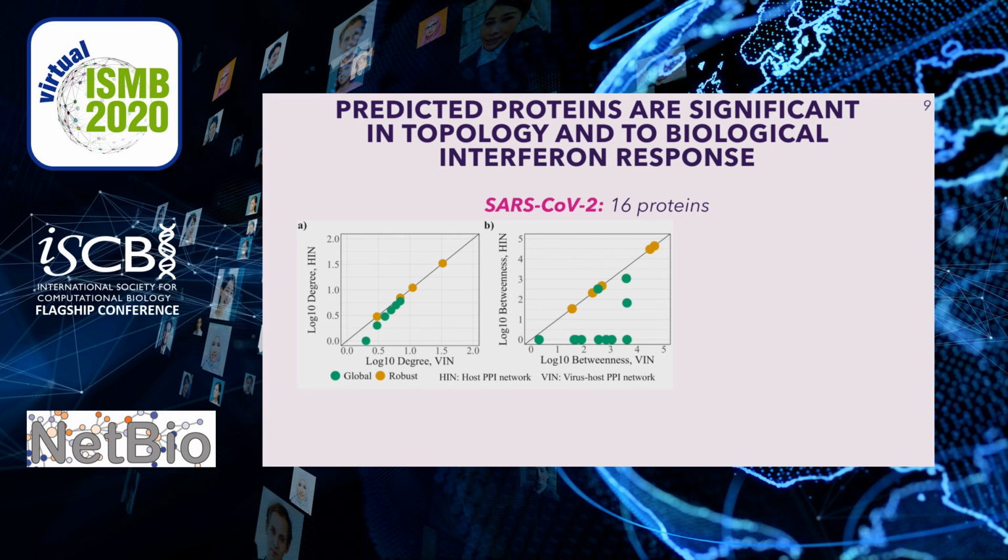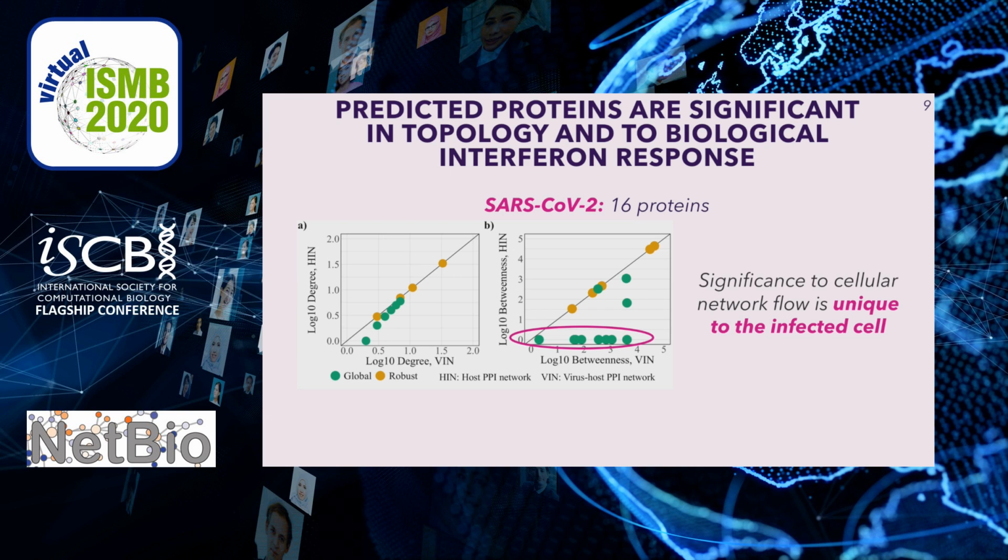If we look at the topology of these proteins, we see that there's this really interesting group, for both viruses actually, of proteins where in the healthy cell, the HIN here, there is a betweenness of 0. But in the infected cell, they have high betweenness, meaning that their significance to the network flow of this cellular state is unique to the infected cell.